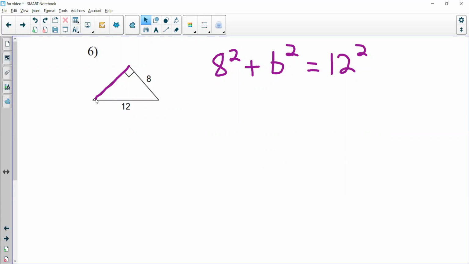Therefore, the hypotenuse, which is our c value, is 12 squared. Let's square our terms and we get 64 plus b squared equals 144.